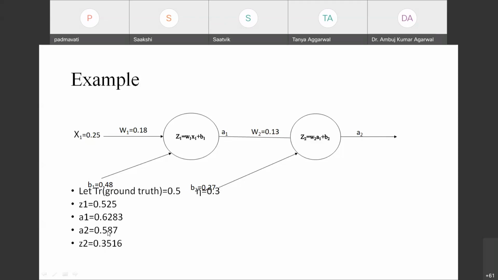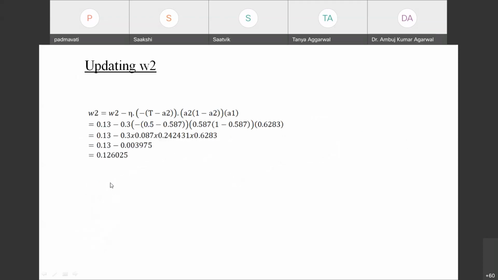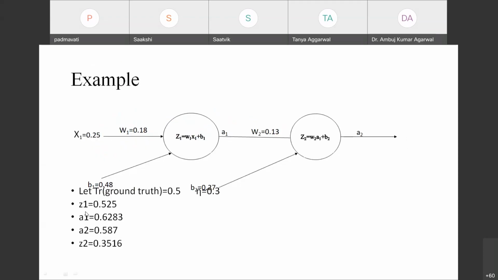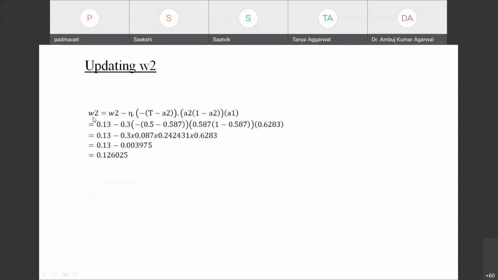So in this case there is an error, because the predicted value is not the same as the ground truth value. So what we need to do is compute the derivative of E with respect to W2 and the derivative of E with respect to W1, B2. Let us compute with the help of those equations. We only need to use these equations to update the weights.